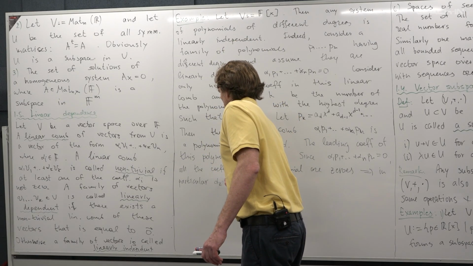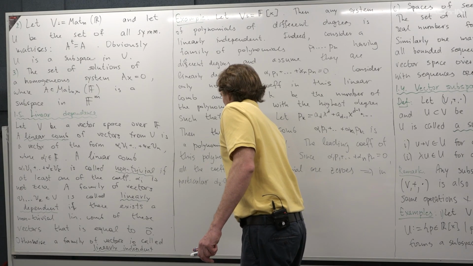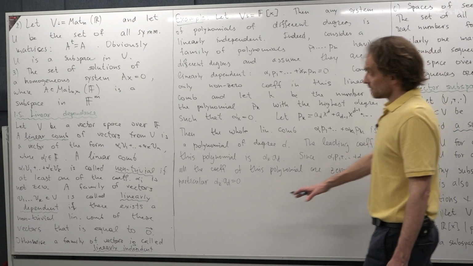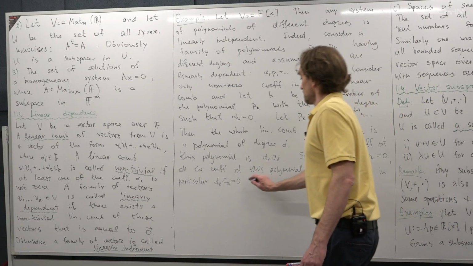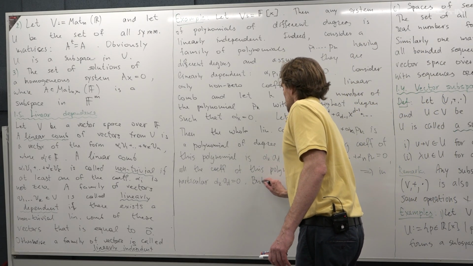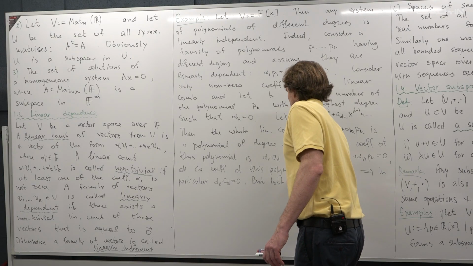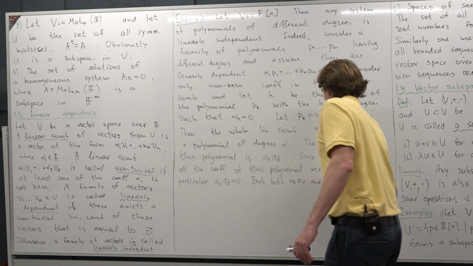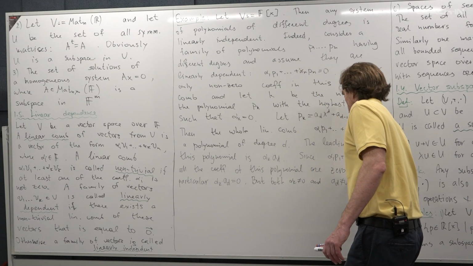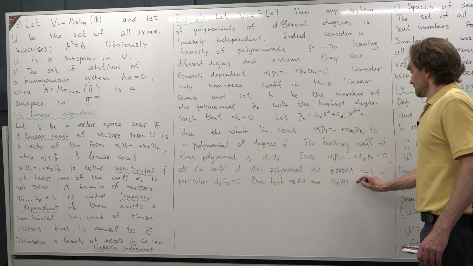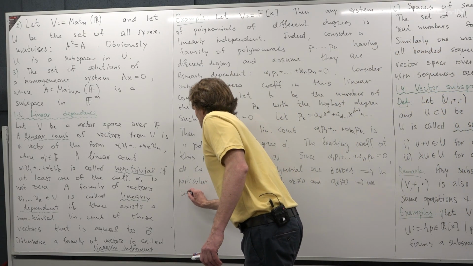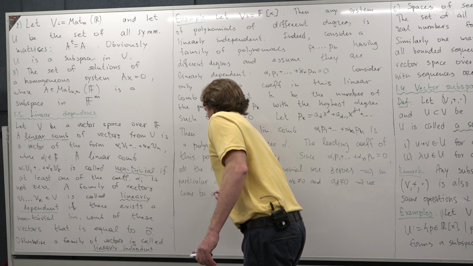Alpha k multiplied by a sub d is 0. But we come to a contradiction because both of these coefficients are non-zero. So we come to a contradiction.